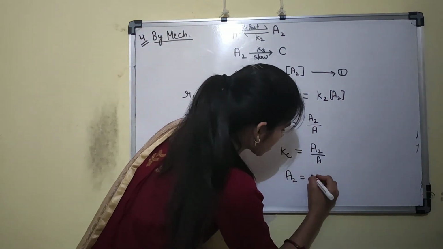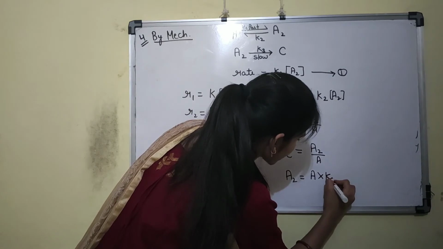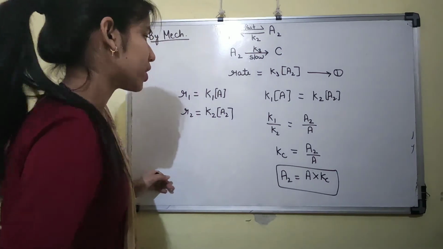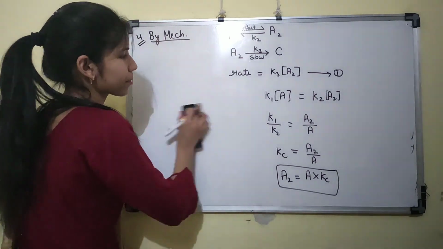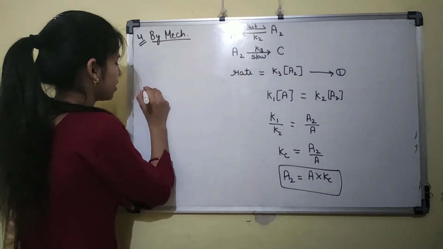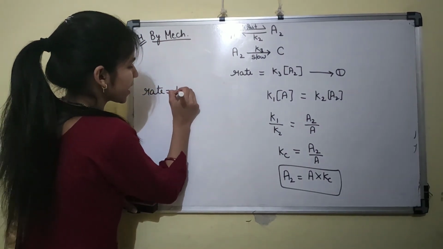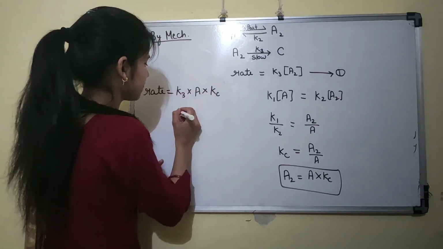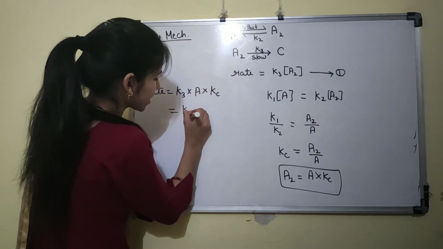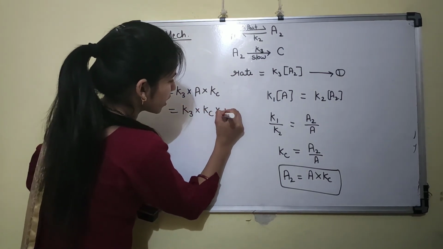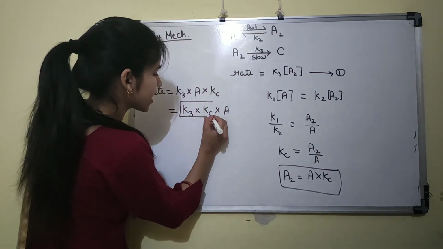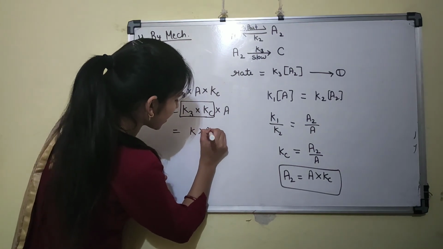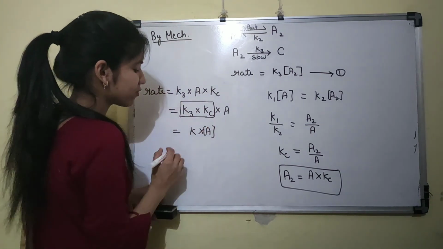So A2 is equal to A into Kc. Now put the value of A2 from there into equation 1. So the rate is equal to K3 into A into Kc, and in this K3 into Kc is equal to K. This is a constant, and A. So this is a first order reaction.